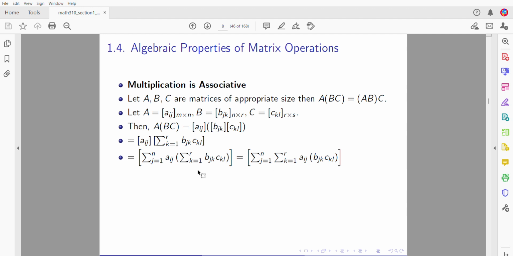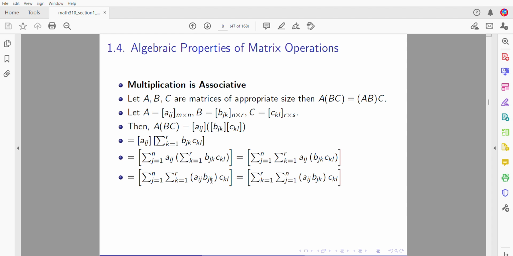So I kept the summation over J out. I brought the summation over K out as well. Kept Aij outside the parenthesis of Bjk. Now real number multiplication is associative. So you see the parenthesis moved to Aij and Bjk. I have not changed anything else, only the parenthesis moved.